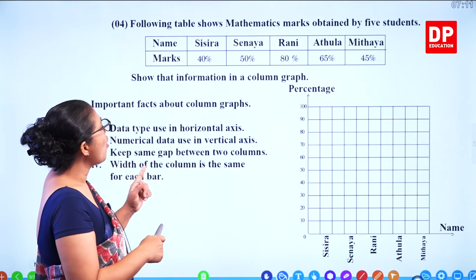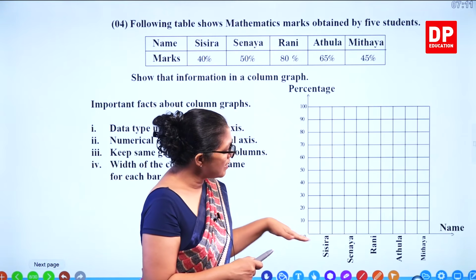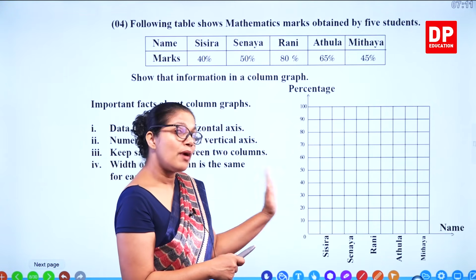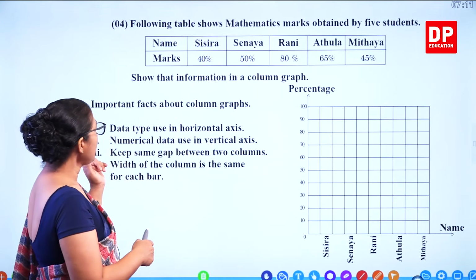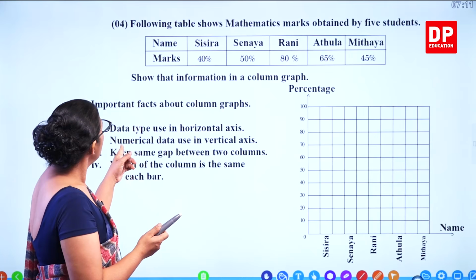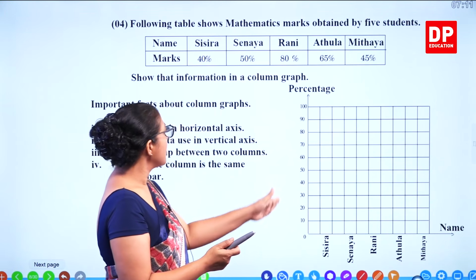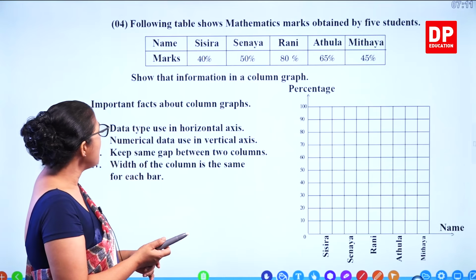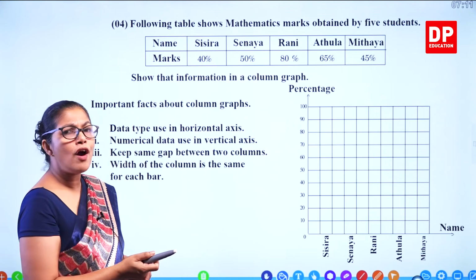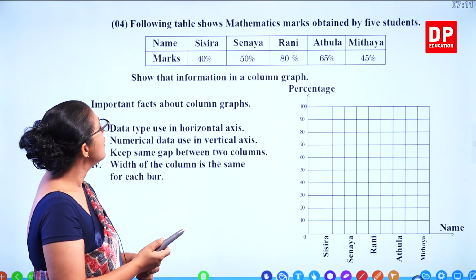Data type used in horizontal axis. So these are labels. Different categories, it's better to put it in the horizontal axis. You can do other way around as well. Then it becomes a horizontal column graph. Numerical data used in vertical axis. So this is numerical data. Keep same gap between two columns. Width of the column is the same for each bar. So now we'll draw the column graph.